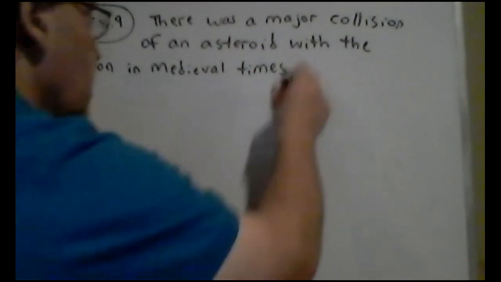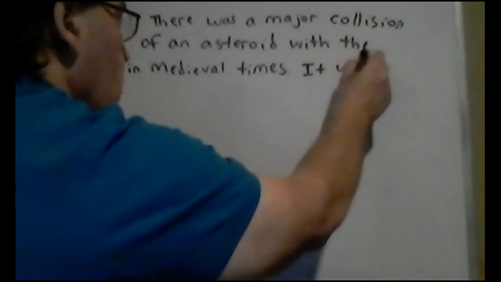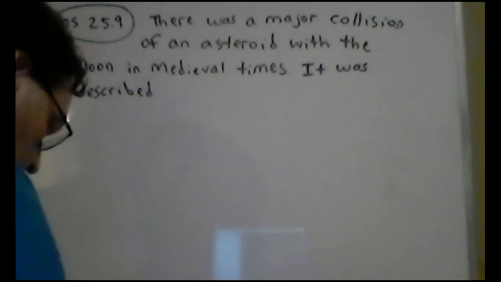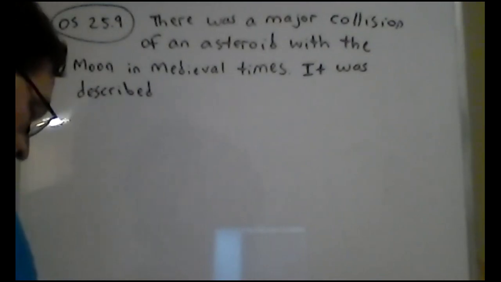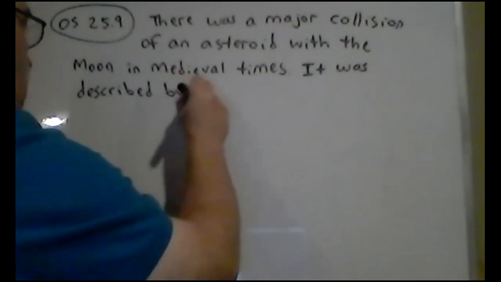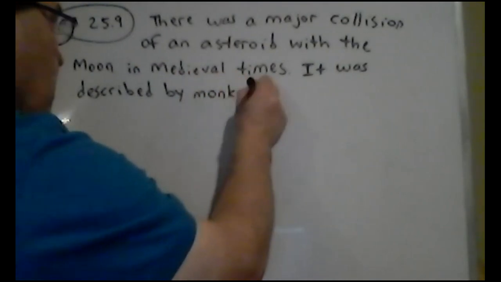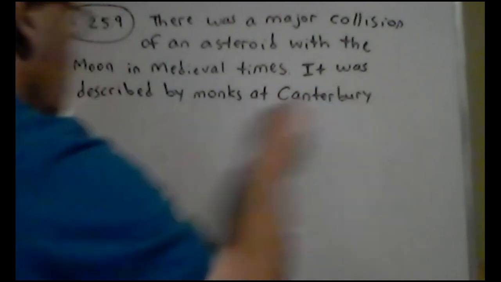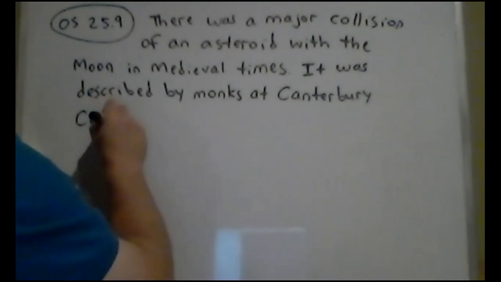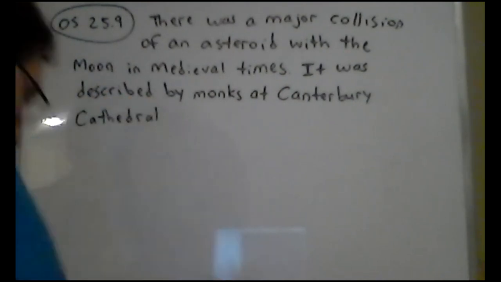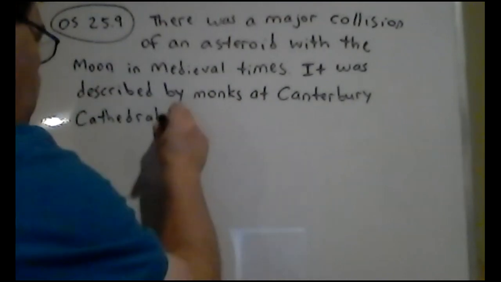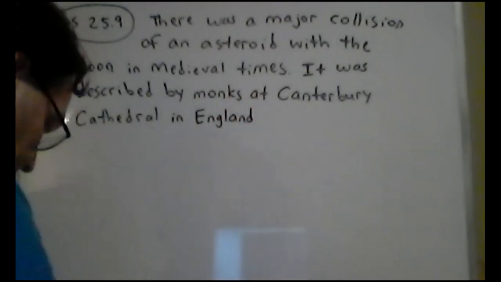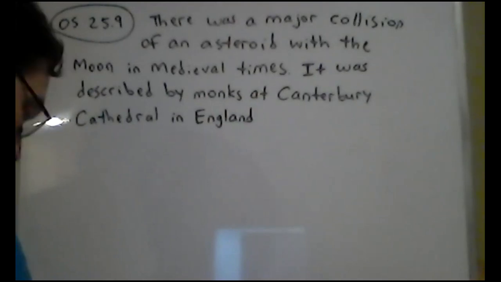It was described by monks at Canterbury Cathedral in England as a red glow on and around the moon.